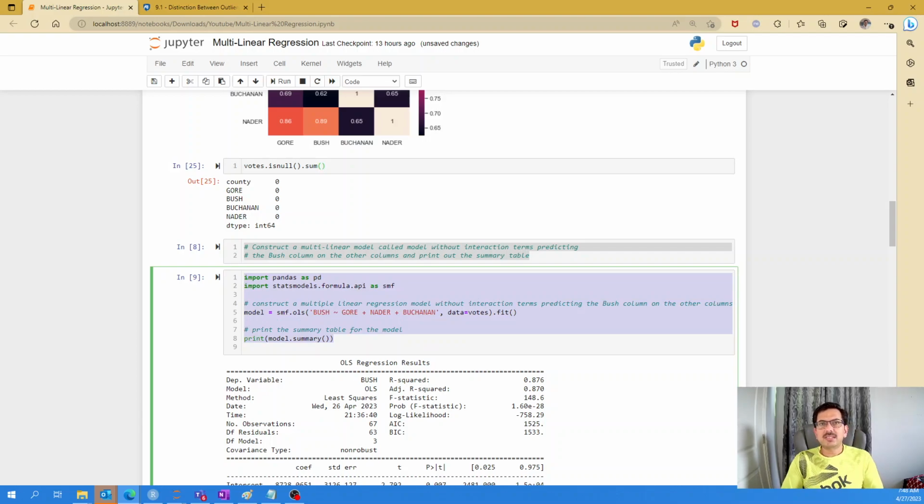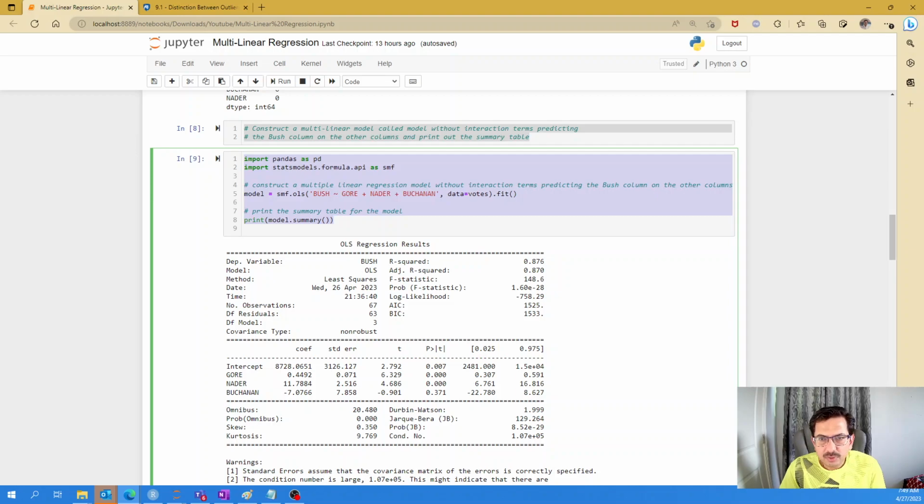I hope you understand what interaction means. Interaction means when you have two values like x1, x2, you can build one more feature which is x1 times x2. That's interaction.